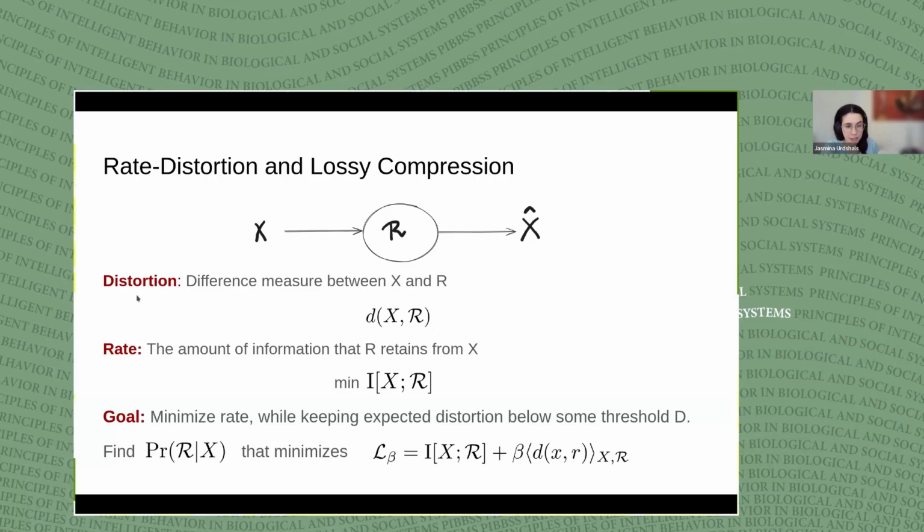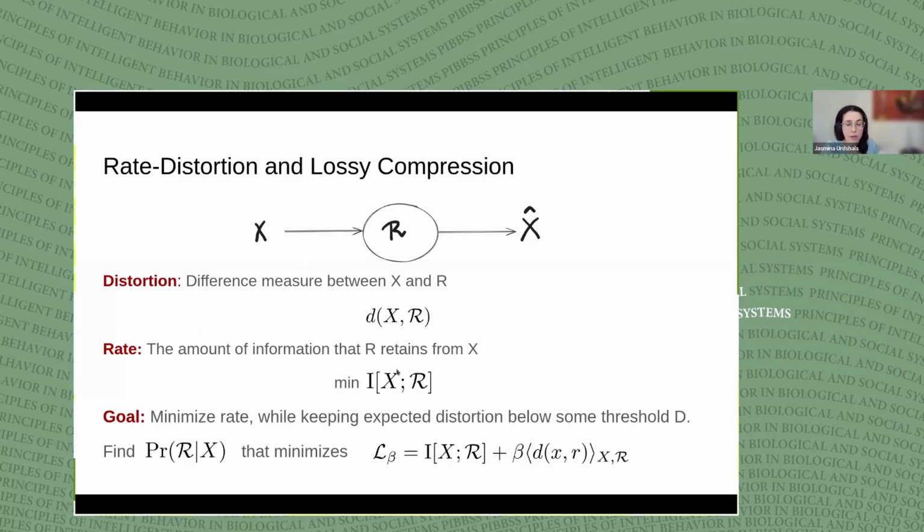The converse measure that you would also be interested in a case like this, in addition to the difference measure between these two variables, would be also the actual amount of information that is retained in R from the original information source X. And this can be given then in terms of the mutual information.